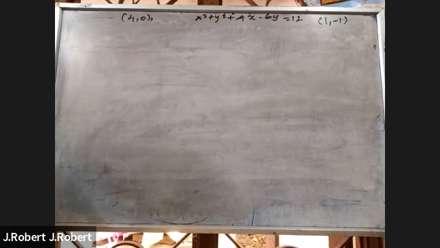So x square plus y square plus 4x minus 6y touches the circle.